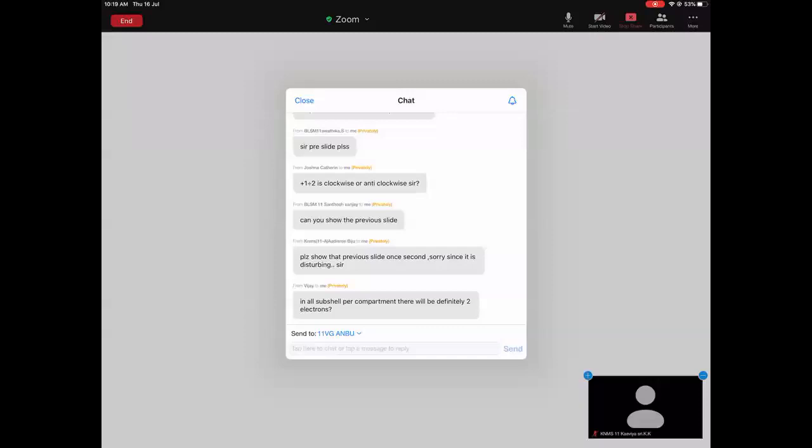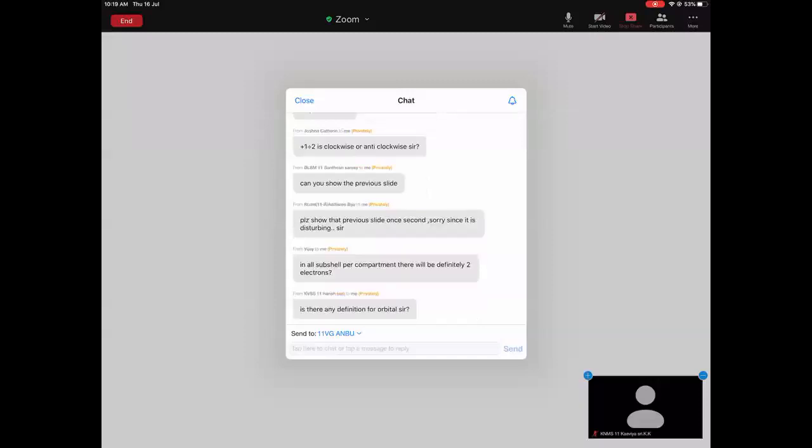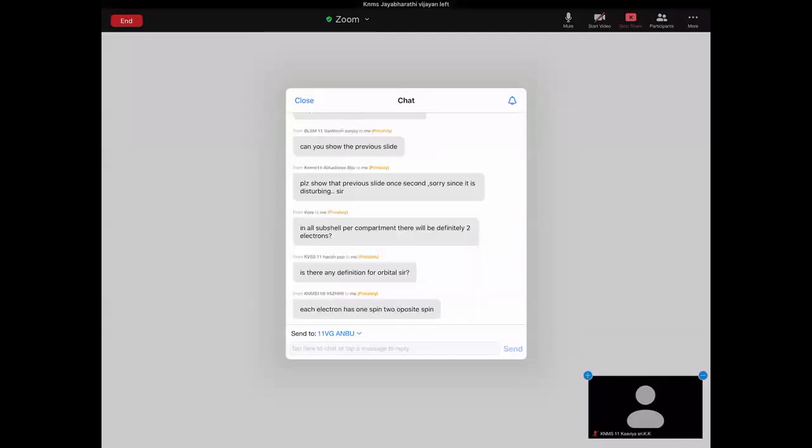In all subshells, per compartment, there will be a maximum of 2 electrons. I am using the word maximum. There may be 1, for example in hydrogen.